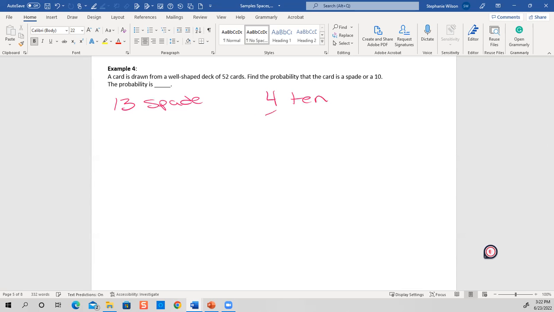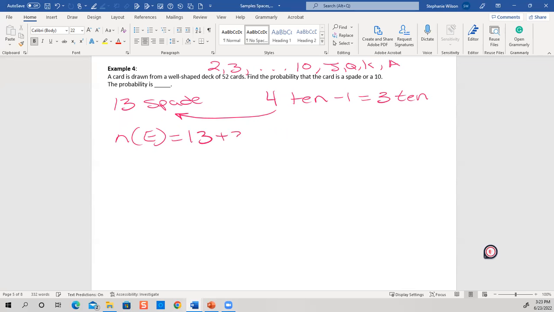However, one of these 10s is in that 13 because we have 2, 3, up to 10, then Jack, Queen, King, Ace, right? So I'm going to subtract 1, and say there are 3 10s, because 1 has already been counted in the spades. So now I take the event, and I say 13 plus 3 gives me 16.